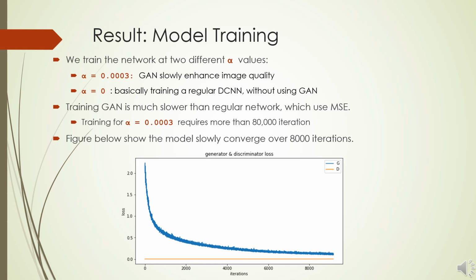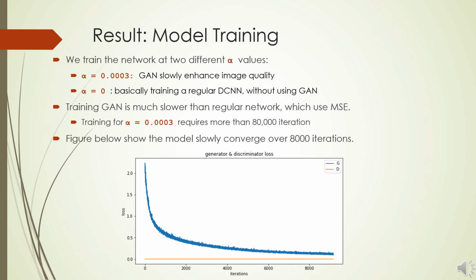For example, in this case, we trained for 80,000 iterations, and the model is still learning, and it still cannot reach the level of the model that uses only mean square error loss. So we think that maybe it is because GAN is kind of unstable, so training it can be difficult.